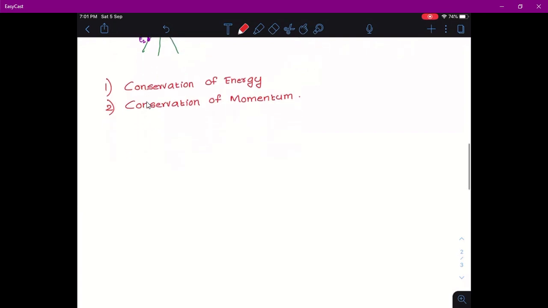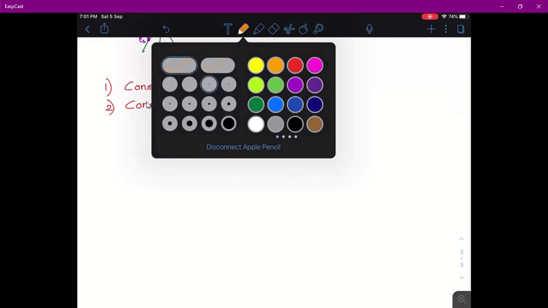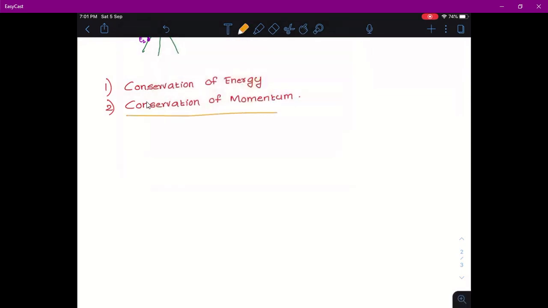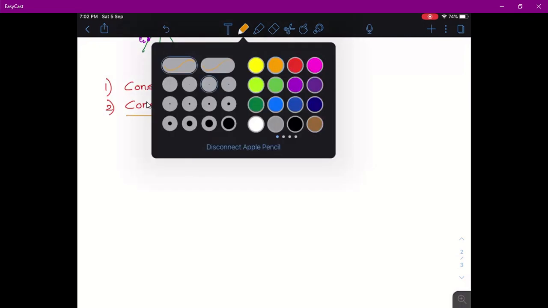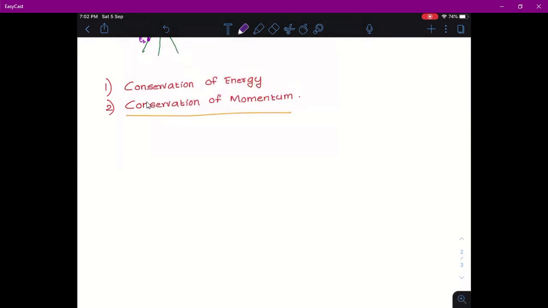So let's look at the conservation of momentum in a bit more detail, because it will throw light on many of the optoelectronic features. So let's see an E-K diagram.